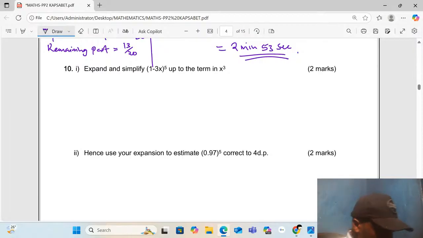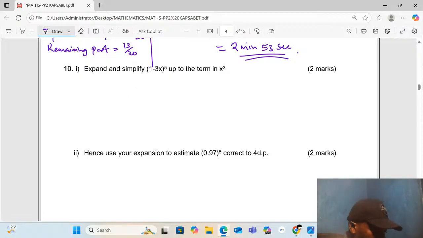It is on expansion. You expand and simplify 1 minus 3x power 5 up to the term in x power 3. So this one, we know that as the power of 1 reduces, the power of x increases.